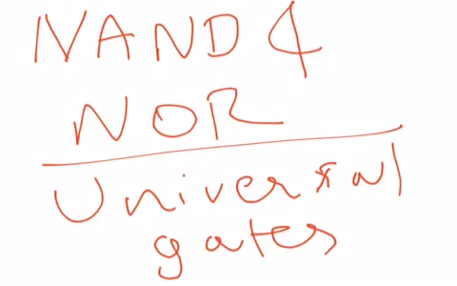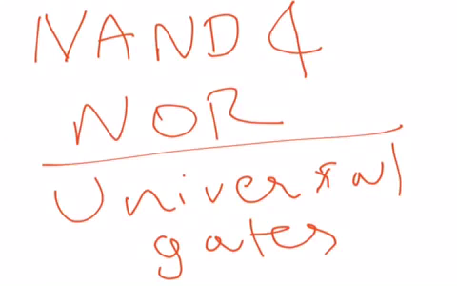Universal gates is nothing to get tense about. It says that by using these two gates, the NAND and NOR gates, we can construct any other gate. That is the reason NAND and NOR gates are called universal gates. Let us observe the NOT gate constructed by NAND.